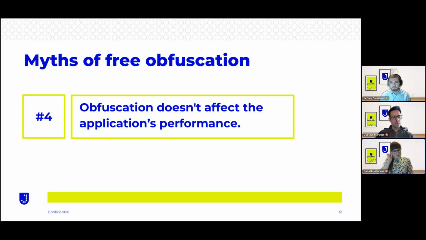Another myth is that obfuscation doesn't affect the application's performance. Although some obfuscation techniques have a minimal impact on performance, others can cause an increase in execution time and resource consumption, thus impairing the security of the app that they're trying to protect.